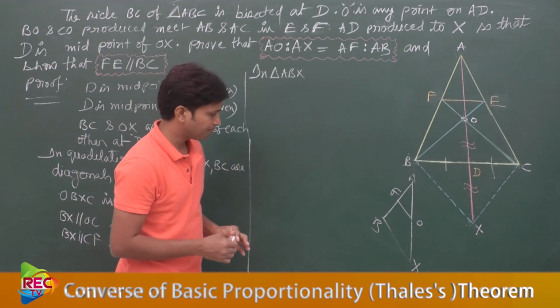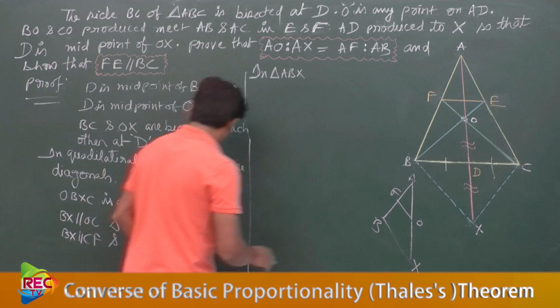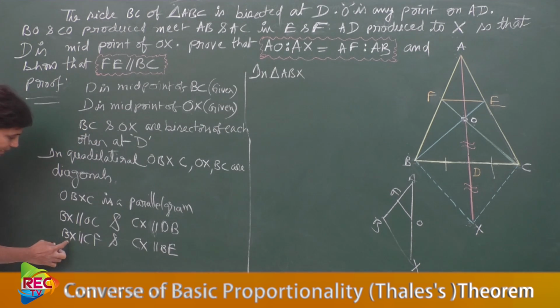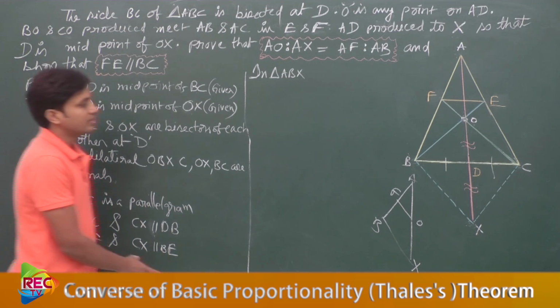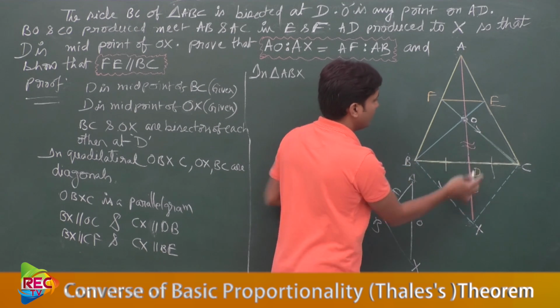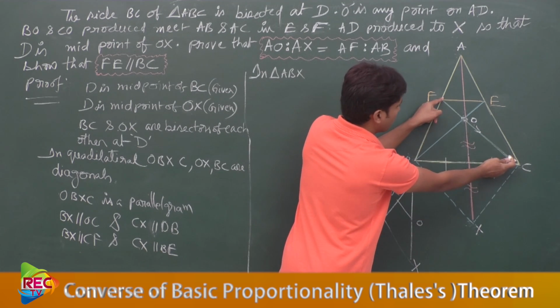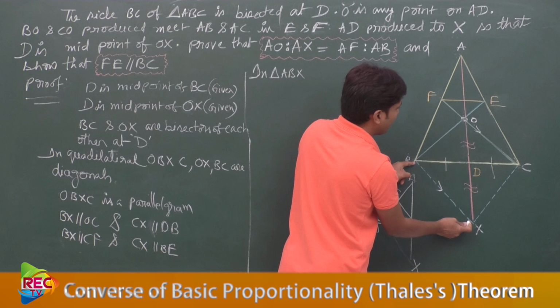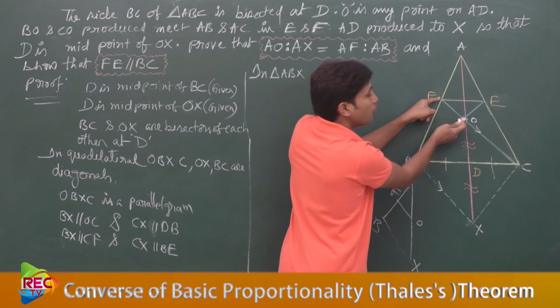Now just see. As we said from the previous part, in this triangle BX is parallel to CF. See here, this BX is parallel to CF. This line is parallel to this total line. When this line is parallel to this total line, then this line is also parallel to one part of that, that is OF.